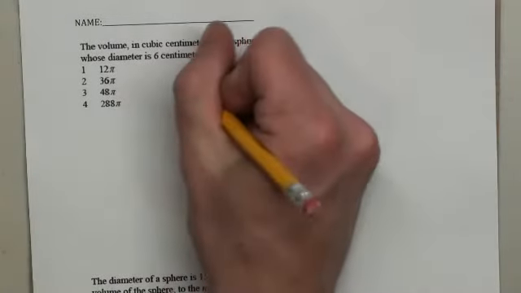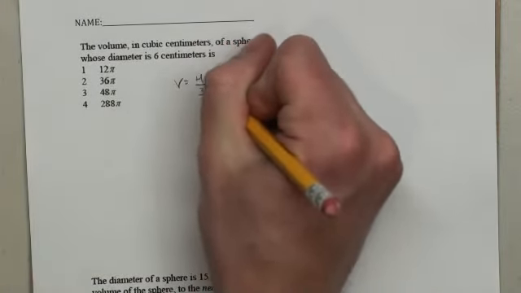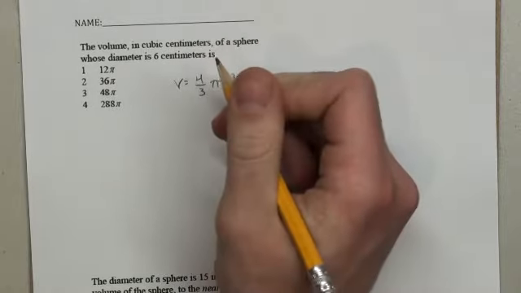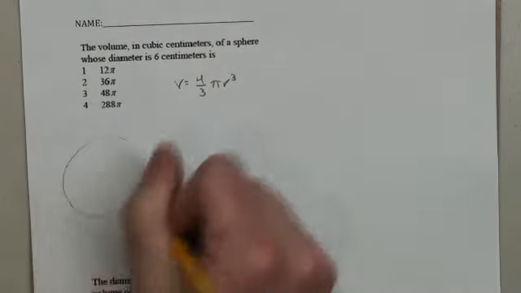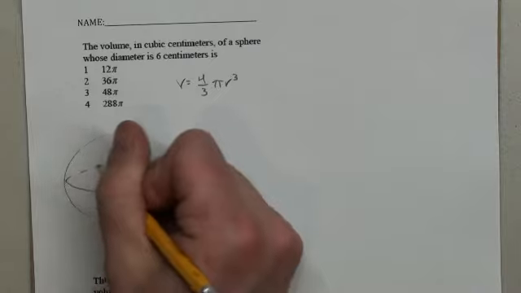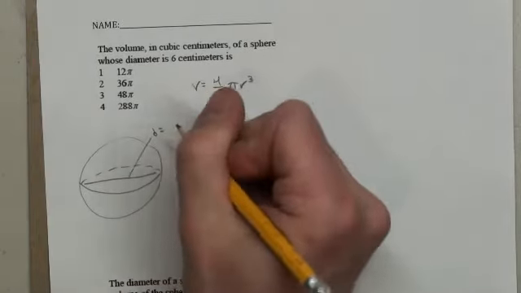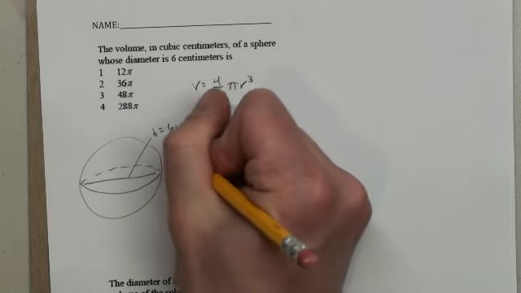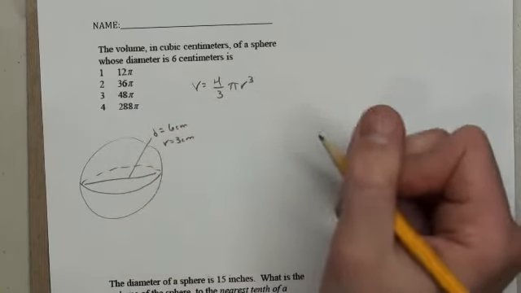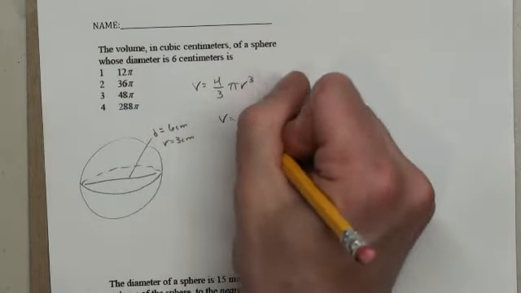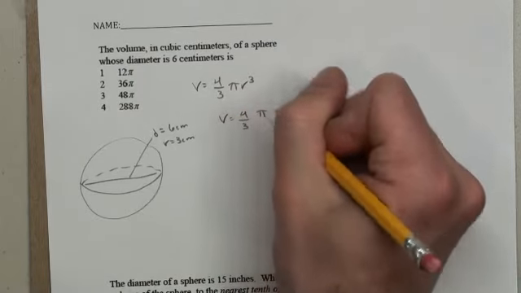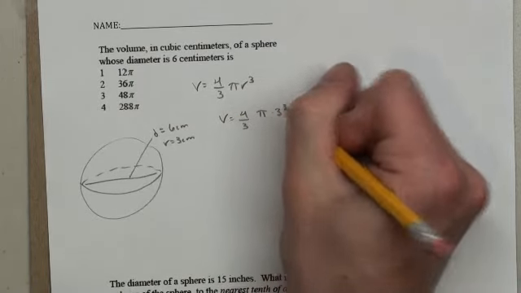Couple more left here. So volume of a sphere, 4/3 pi r cubed. Okay, sphere, the diameter is 6 centimeters, so that means the radius is 3 centimeters. So volume is 4/3 pi times 3 cubed.